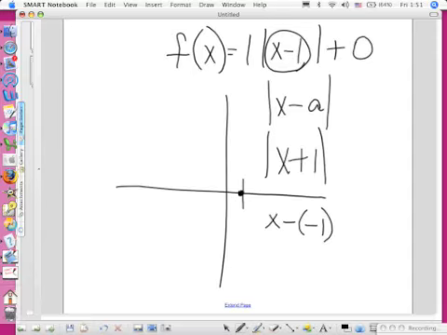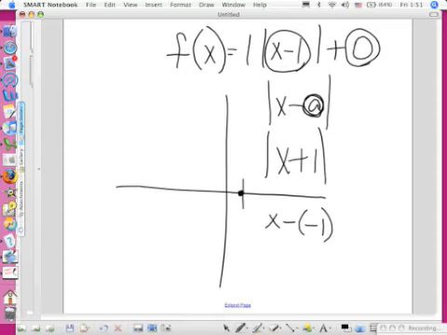And actually, guys, this number here is the x coordinate of your vertex. This number here is the y coordinate of your vertex. So let's make that a whole lot simpler. It's the x coordinate and the y coordinate of your vertex.